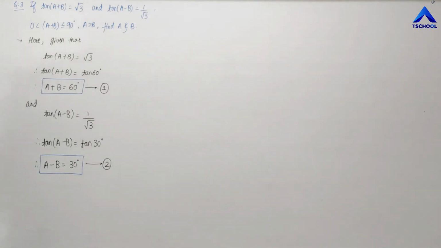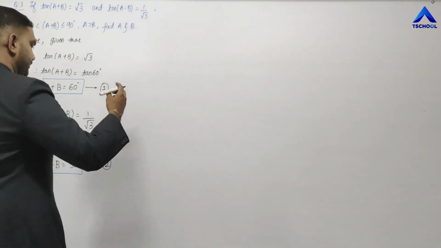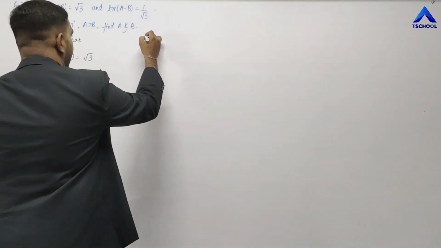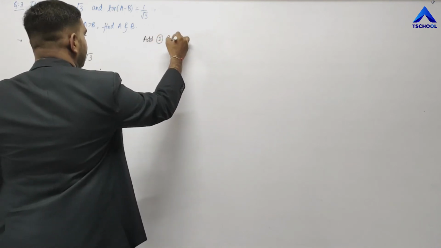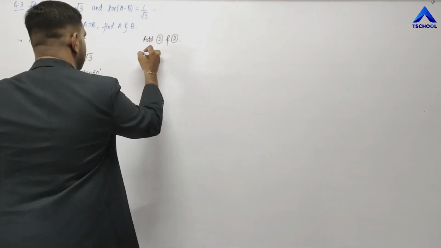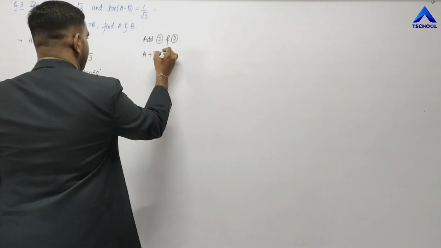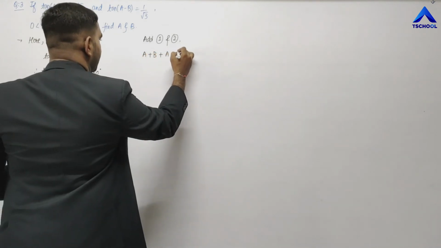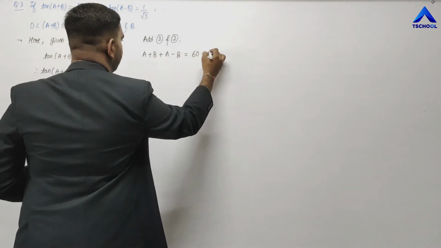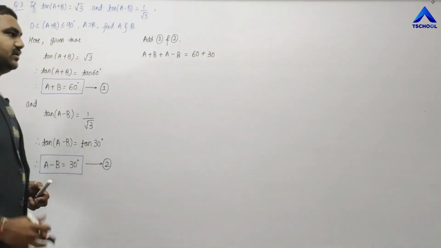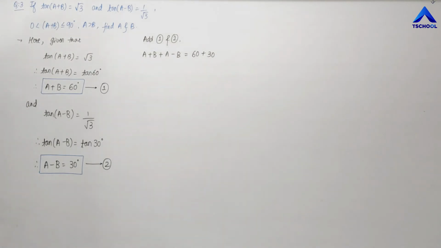Now simply what we are going to do is add equation 1 and equation 2. So that is A plus B plus A minus B is equal to 60 plus 30. We have added both of these equations.